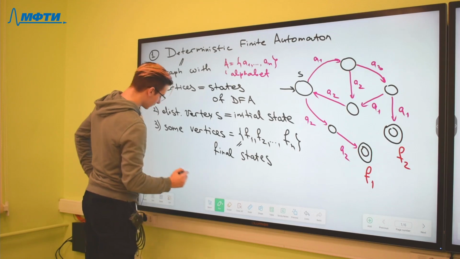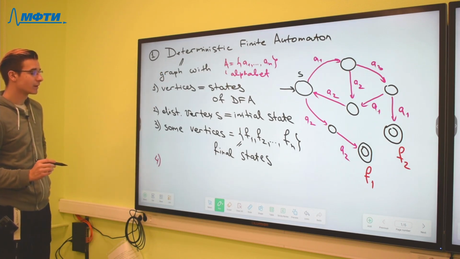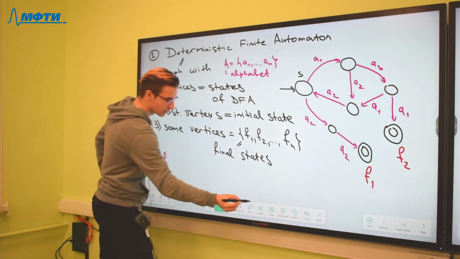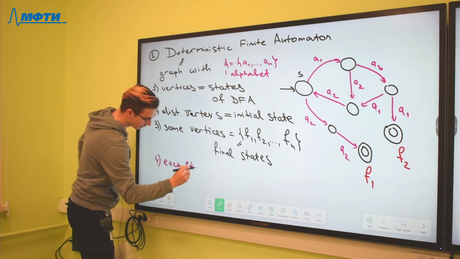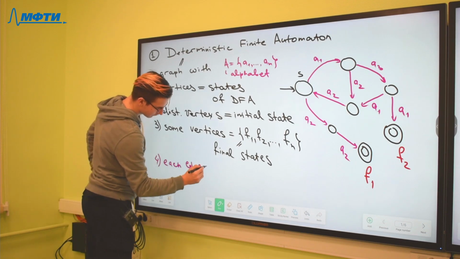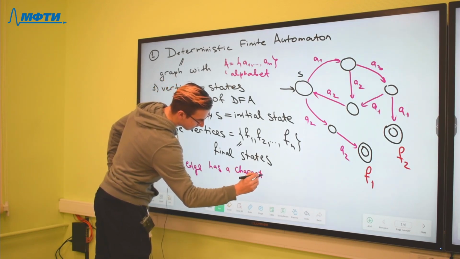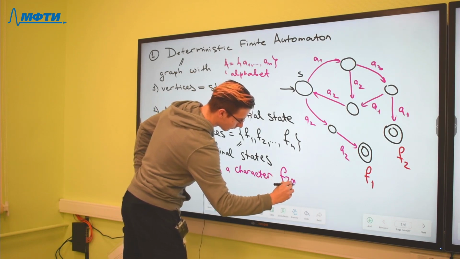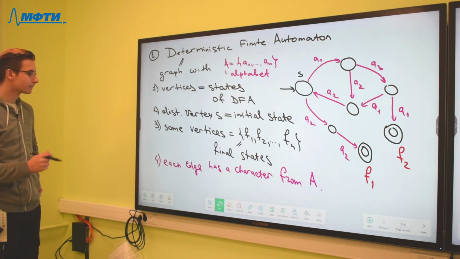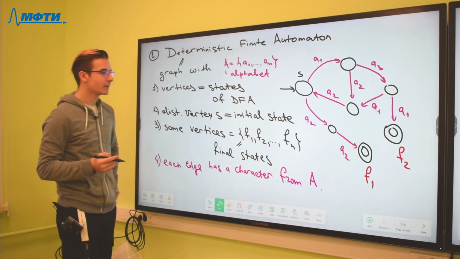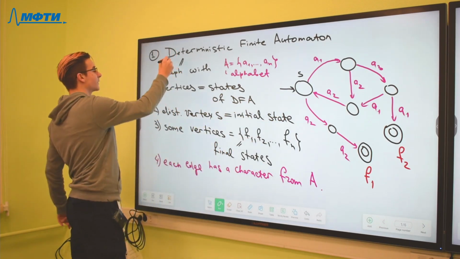So the fourth property of this graph is that each edge has a character. Why do we want to talk about this unique class of graphs and why do we say that it is deterministic?